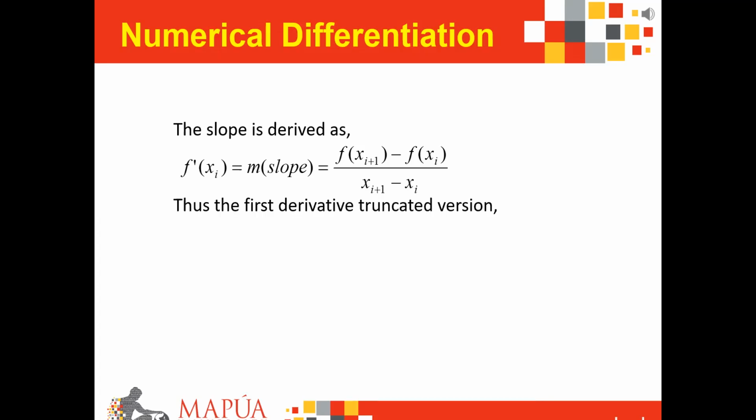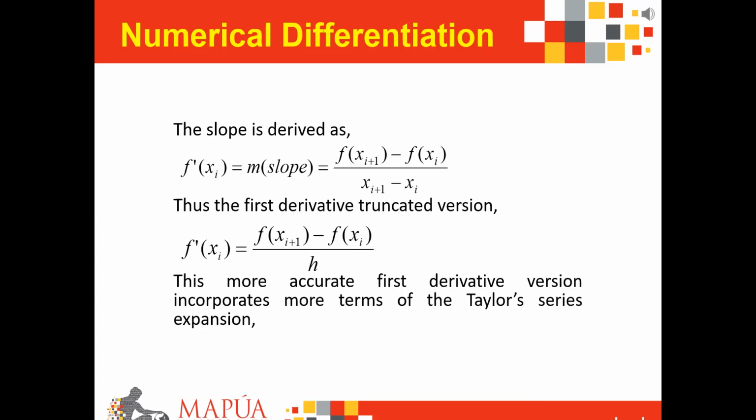You could likewise simplify your truncated version of the formula by replacing xi plus 1 minus xi with your step size h, thus giving you the first derivative truncated formula: f(xi plus 1) minus f(xi) all over h.